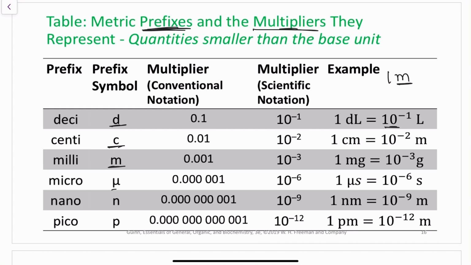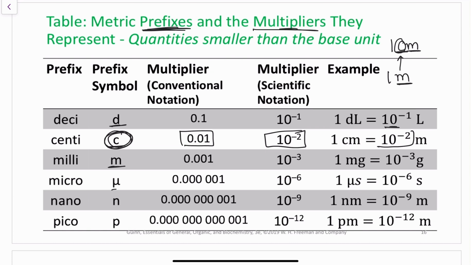But if I write 1 cm instead of 1 meter, what does it mean? Is this 1 cm less than a meter or more than a meter? So if you see over here, this c is the prefix, because we know this m is the base unit meter. But what is this c? c is centi, right? So what is centi? It is 10 to the power negative 2, or you can say 0.01, both have the same meaning, right?